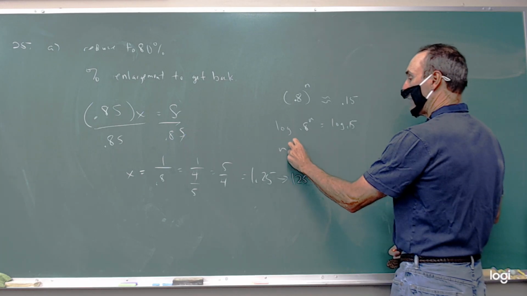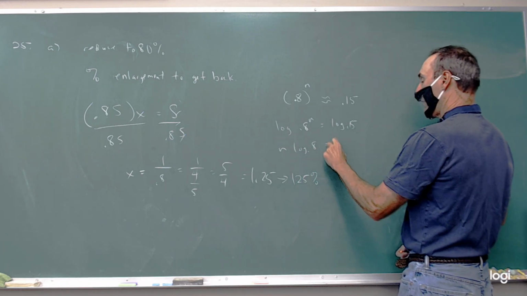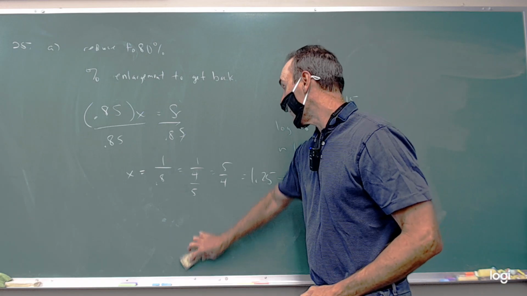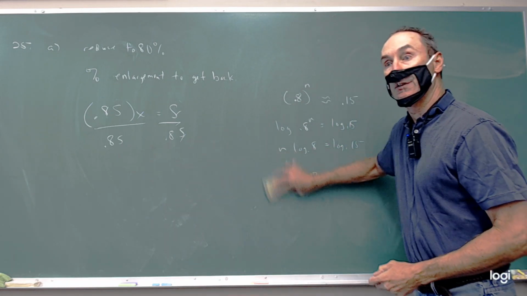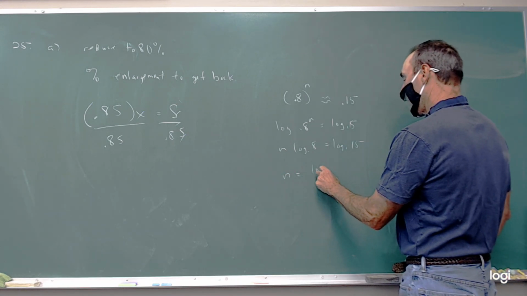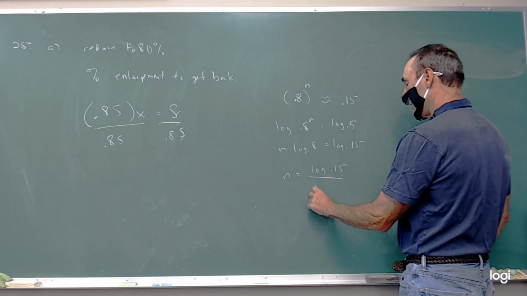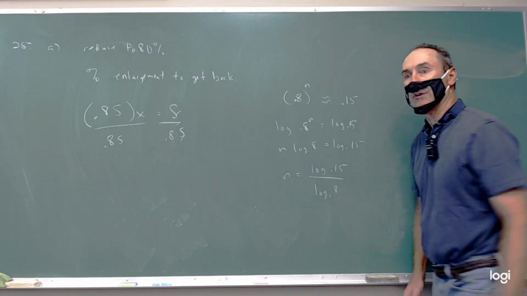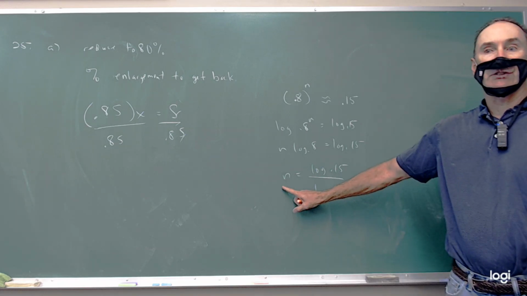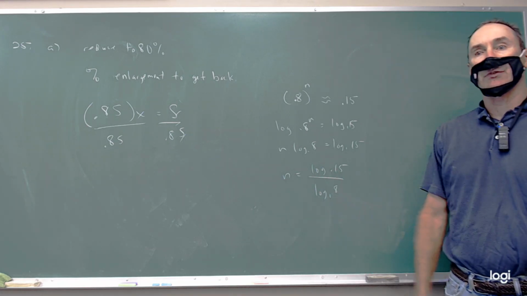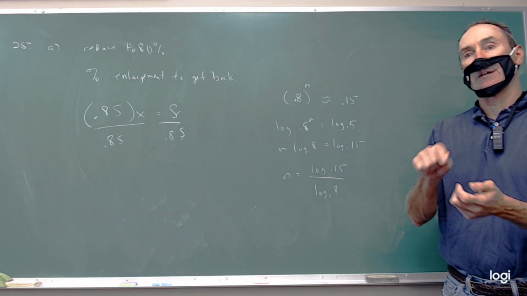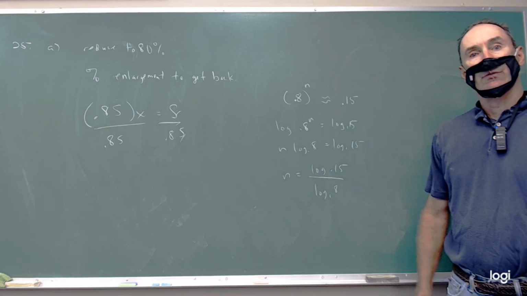We can bring our exponent out in front using our properties of logarithms. Is that okay? And then divide that over. I'm not even sure this is really what they wanted you to do, to be honest. You're looking for an integer, so this is going to give you some messy decimal, but you just pick the integer that is closest, because that's how many times you would reduce it.